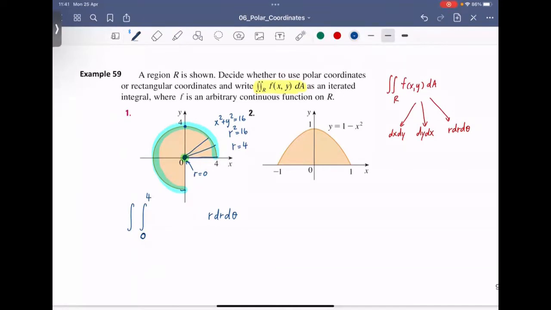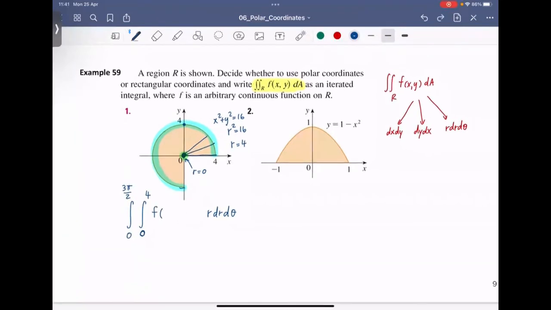And how about theta, from where to where? I start from theta equals 0, keep going, and end at theta equals 3 pi over 2. So theta goes from 0 to 3 pi over 2. And then f, usually you use f of x, y, where x is r cosine theta and y is r sine theta.